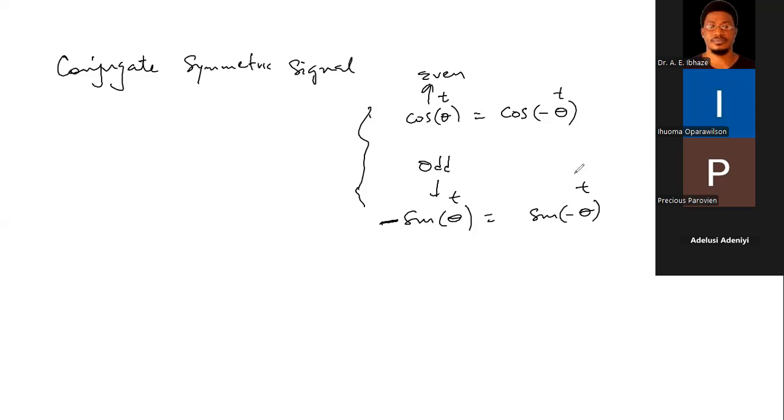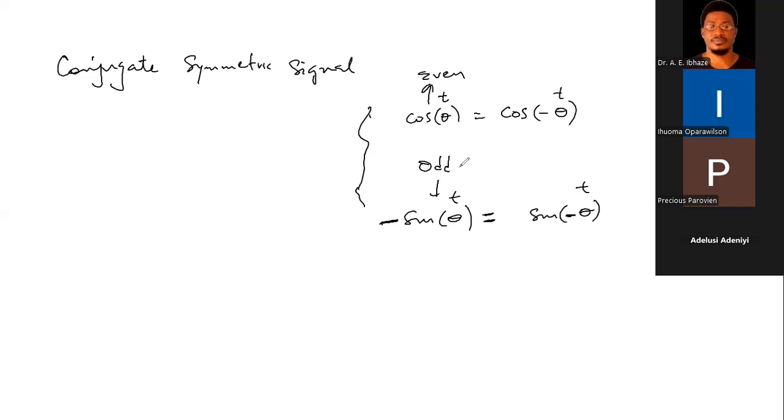All of those mathematical ideas apply, and we're going to be coming back to them. The idea is this: for the odd signal, sine of minus t or theta is the same as minus sine t or theta. Once you punch that in your calculator, you see we are saying the same.